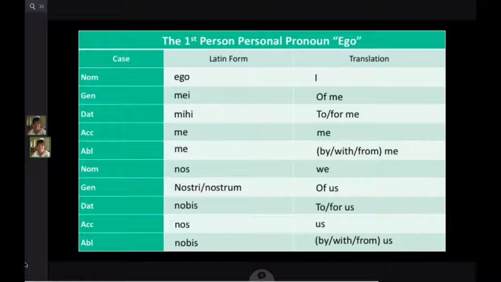Often this pronoun will follow one of these words, whereas with the dative case, to and for is understood to be part of the translation. Or when we are looking at the genitives, mei and nostri or nostrum, the of is considered to be part of the translation.